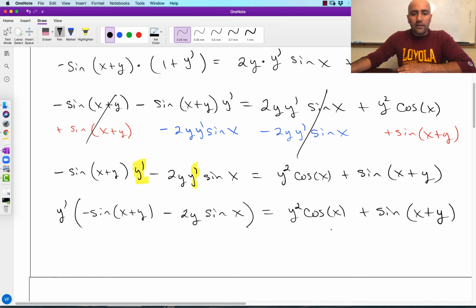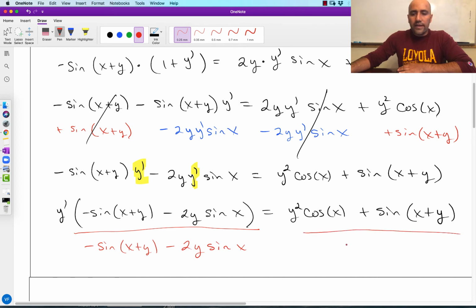Okay, so finally, all we have to do is divide both sides by this binomial, and that'll solve for y prime. So divide this left-hand side by negative sine x plus y minus 2y sine of x, and divide the right-hand side by minus sine x plus y minus 2y sine of x, and that'll get us to our answer.